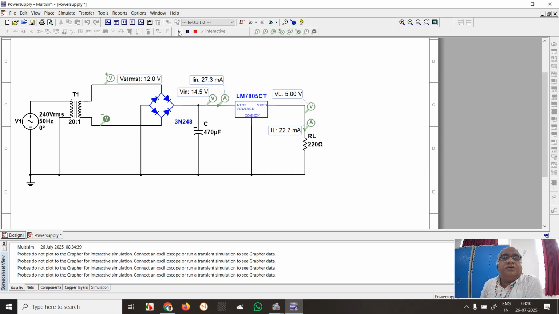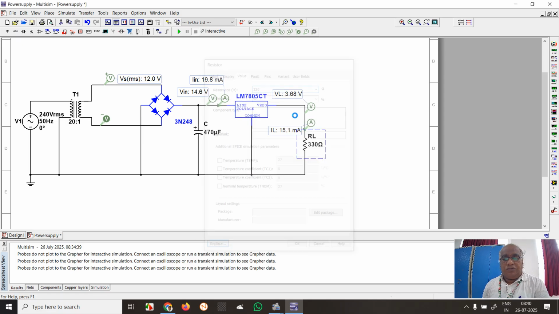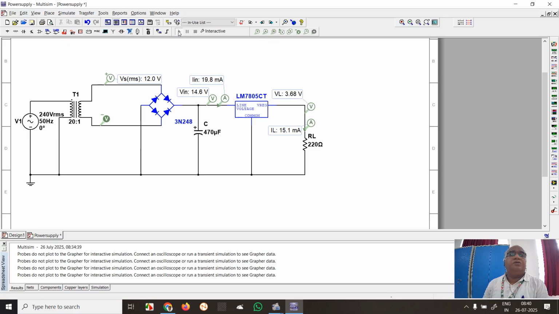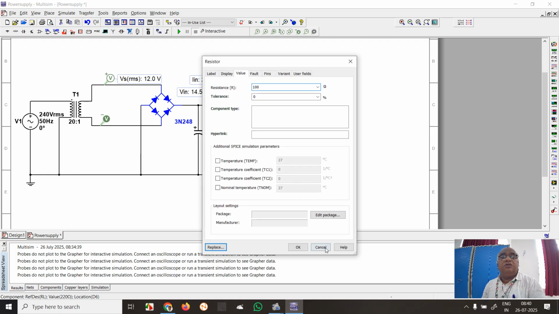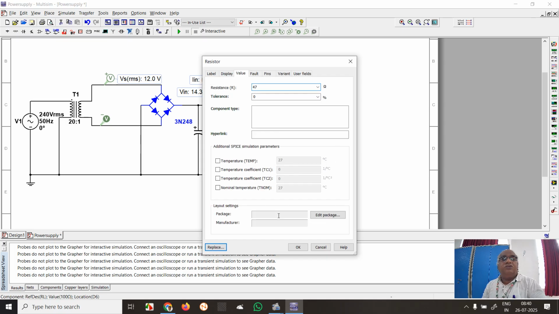Stop. 220 ohms. The next value is 47 ohms.